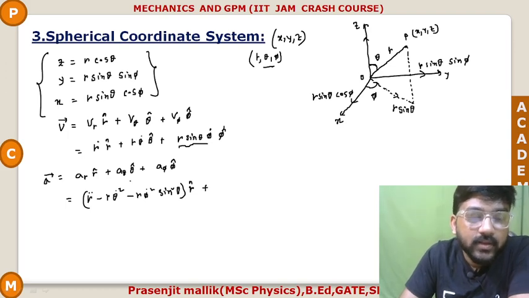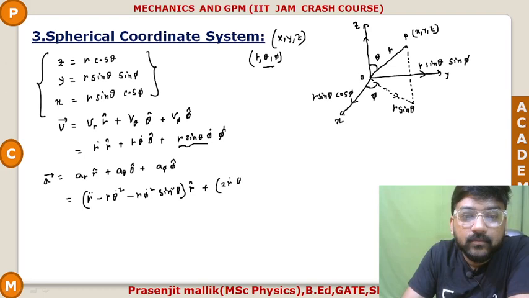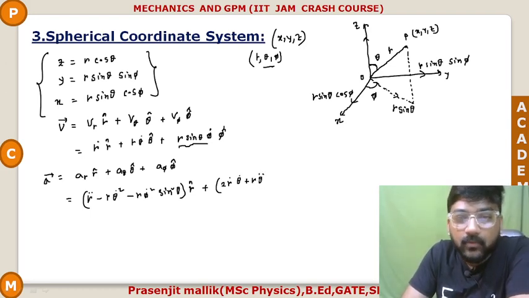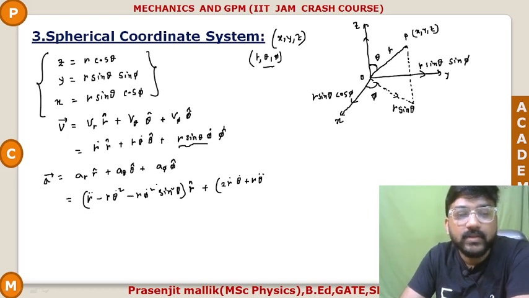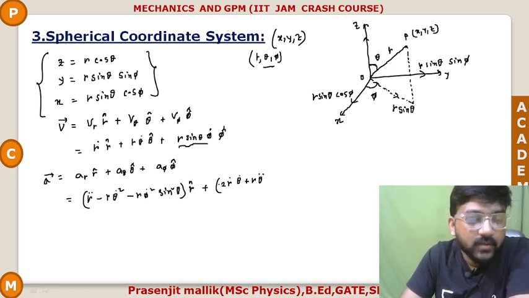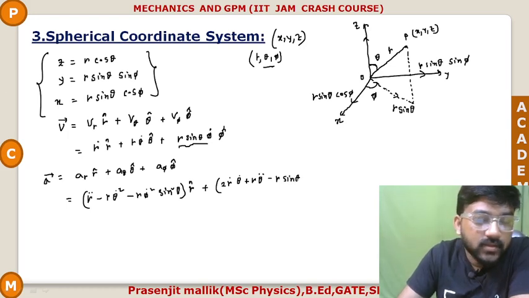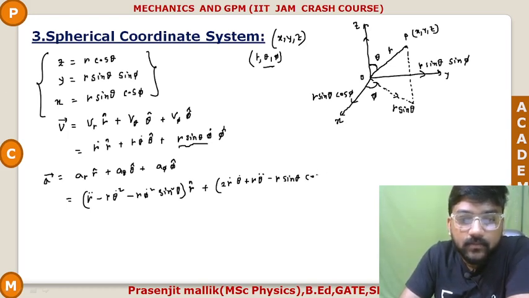Plus if you talk about a theta, again we have the terms 2 r dot theta dot plus r theta double dot. This term we already have for the plane polar coordinate system, and the extra term is minus r sin theta cos phi phi dot square into theta cap.